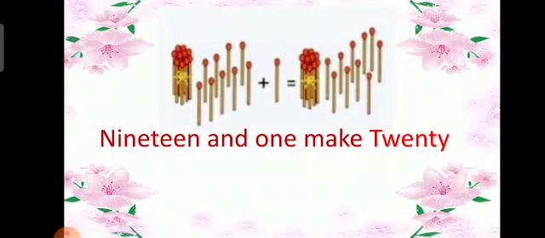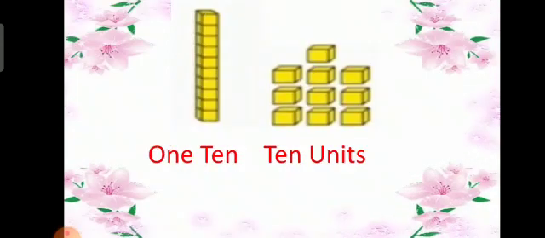Here we have 19 matchsticks and add one more matchstick, so together it becomes 20. 19 and 1 make 20. In 20 we have 2 tens and 0 units.